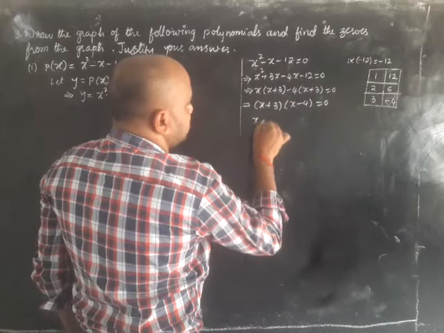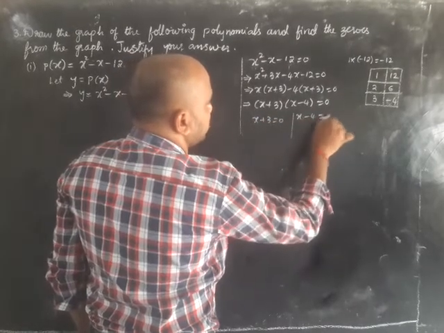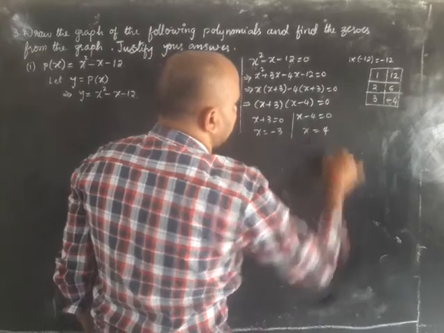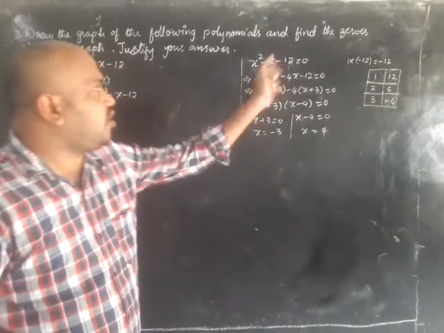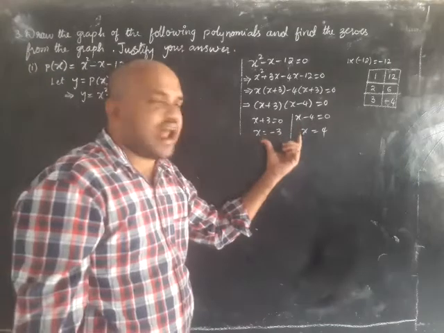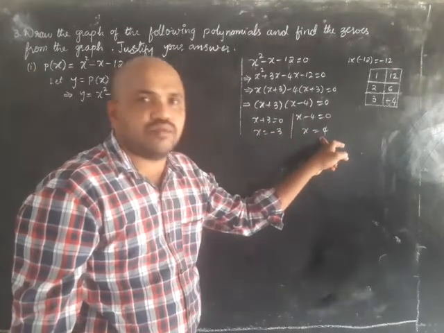So x plus 3 equal to 0, x minus 4 equal to 0, x is equal to minus 3, x is equal to 4. These are the zeros of this polynomial. So when we draw the graph it must intersect the x-axis at minus 3 and 4.